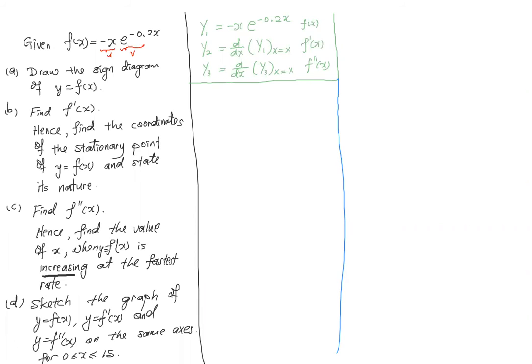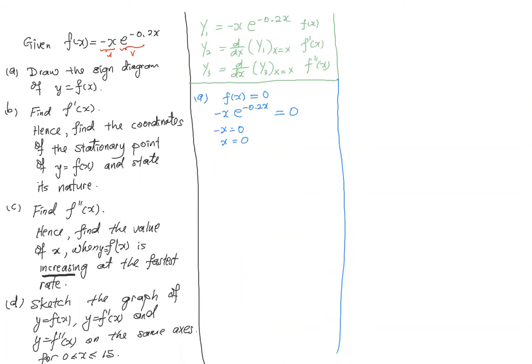So for part A, you want to draw a sign diagram of any function, correct? So you put fx equal to 0 first. So negative x e to the power negative 0.2x equal to 0. We know that negative x equal to 0, so x equal to 0.